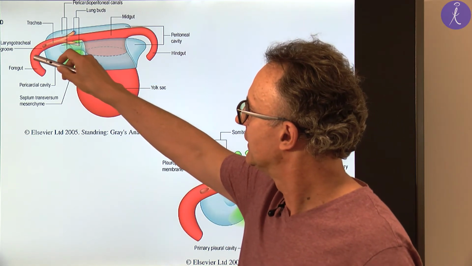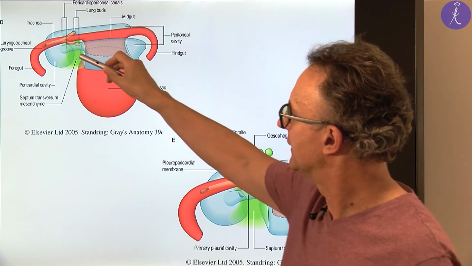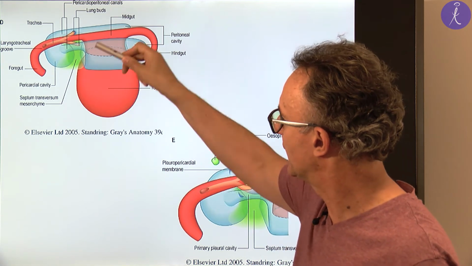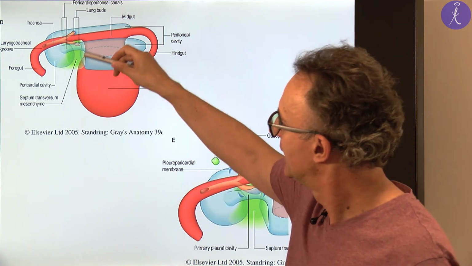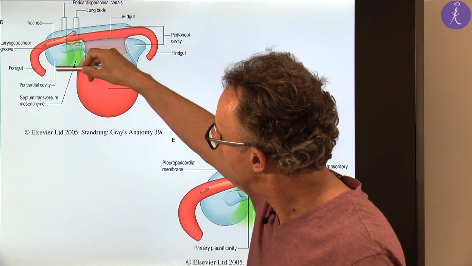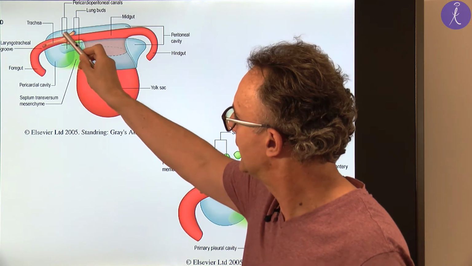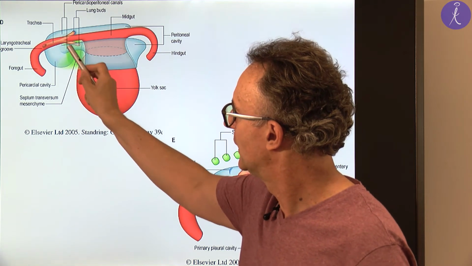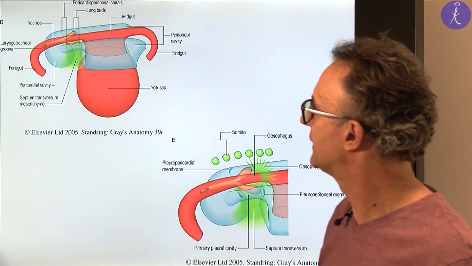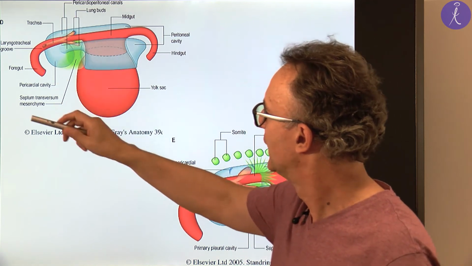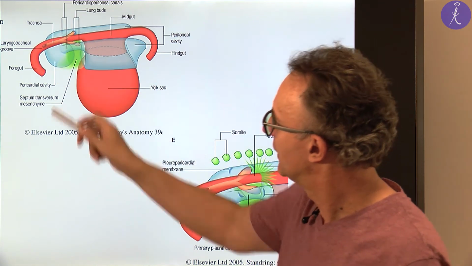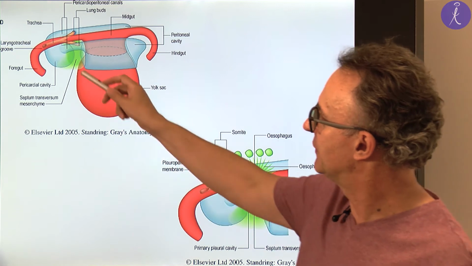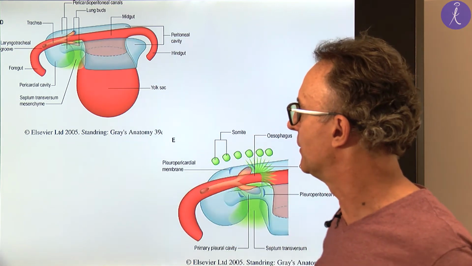So this is the gut, the yolk sac still connected to the midgut, and this is where we have the pericardial cavity, the peritoneal cavity in this region connected to the pericardial cavity with two ducts or canals at this stage, and this is, in orange, the development of the trachea and the lung buds.